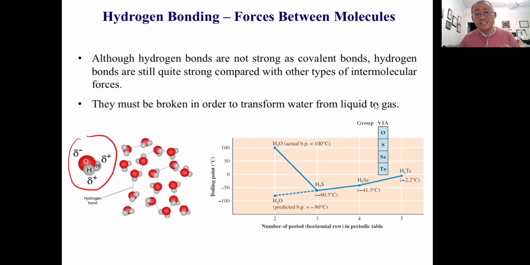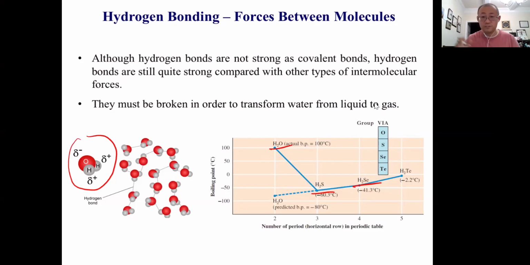Separating water molecules is going to take a lot of energy because, like we said, hydrogen bonding is not as strong as a covalent bond, but is a relatively strong intermolecular bond. And because of these strong interactions, separating water molecules is harder than separating molecules of similar types. You can see that here they're comparing H2O, H2S, H2Se: oxygen, sulfur, selenium.